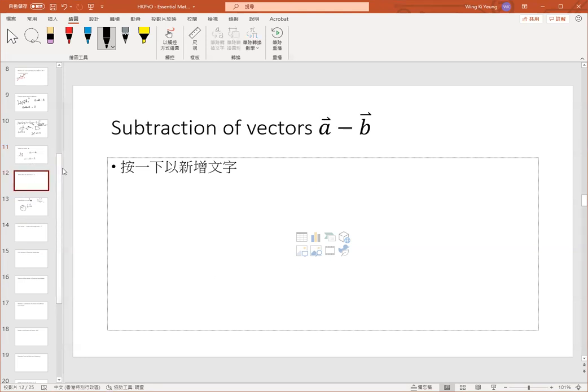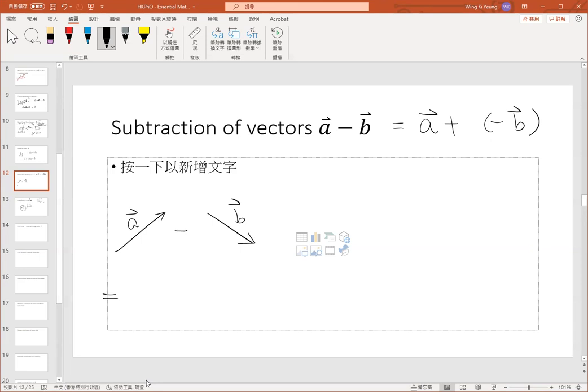So the next one is doing the subtraction of vectors. When doing a subtraction, I advise you to consider it as an addition. So vector A minus vector B, you can consider as vector A plus negative vector B. Okay, may you try to draw it by yourself?